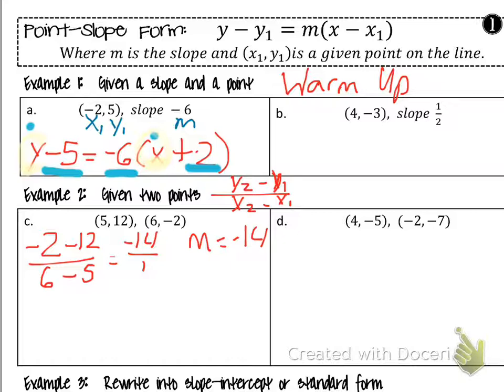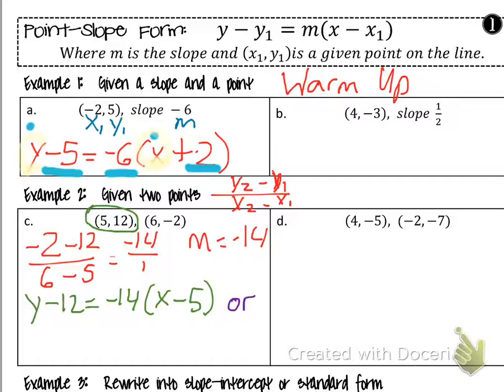So now that you have your m and you have your points, you can choose either point to make the point slope form equation. So you have y minus, I'm going to use the first one. So it will be y minus my y value, which is 12, equals your m, which is negative 14, x minus 5. So that's one possible equation.